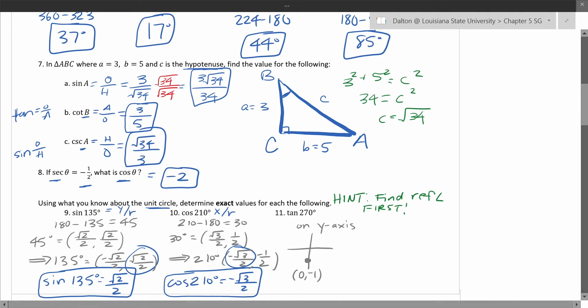So when I ask you for the tangent, tangent is found by comparing opposite over adjacent, but using the circular coordinates here, the circular functions, that'll be y over x. Well, y over x is negative 1 over 0. Division by 0 is going to get us an undefined answer.